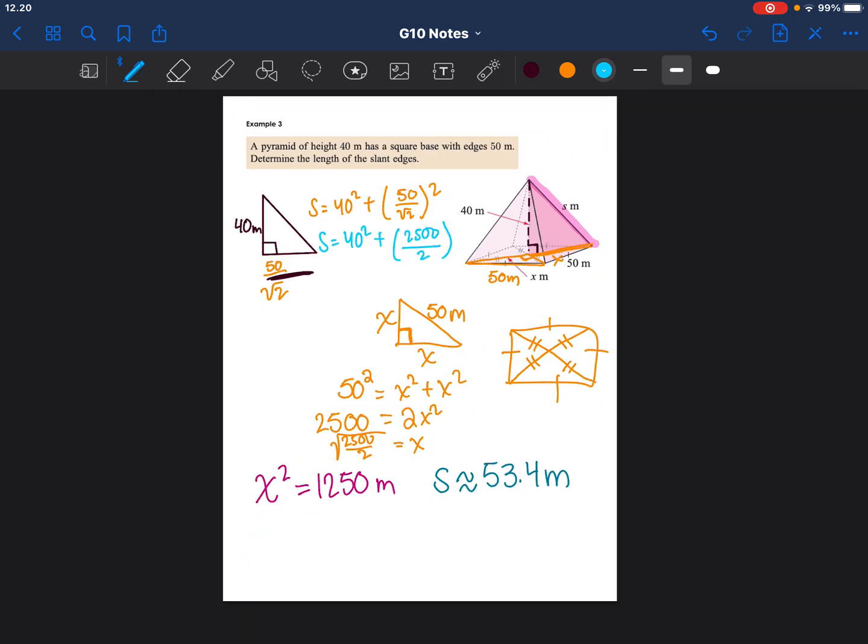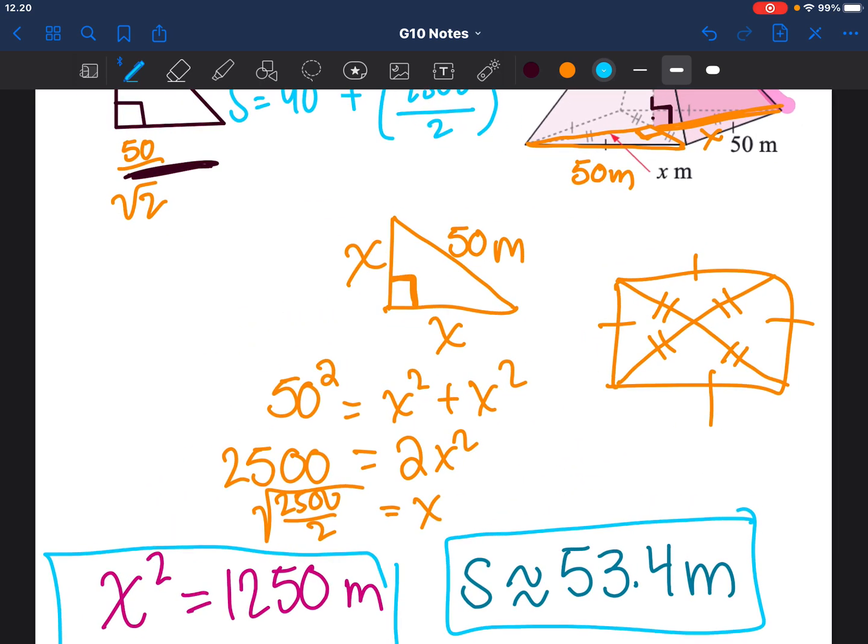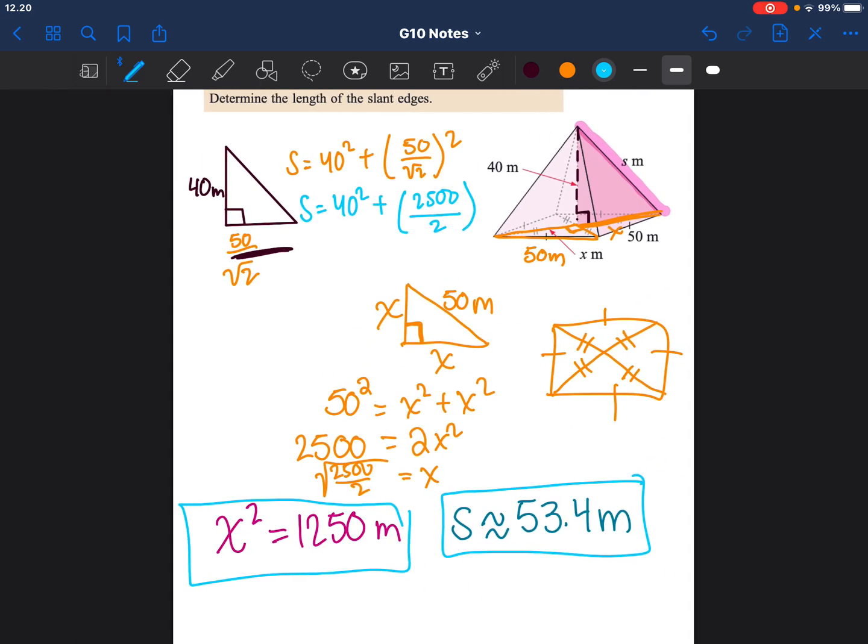And if you guys pull out your calculator, you will end up with s equal to 53.4 meters. And to check, x squared was 2500 divided by 2, and x squared would be 1250.